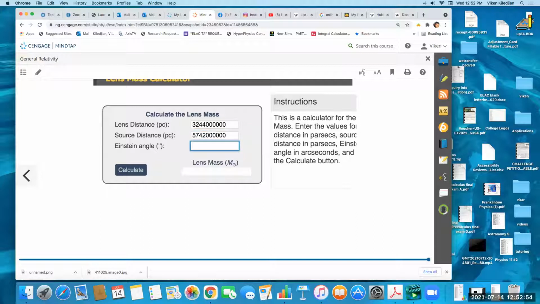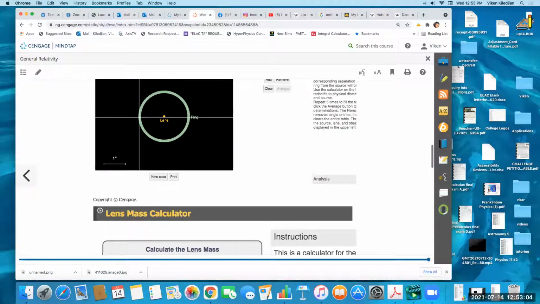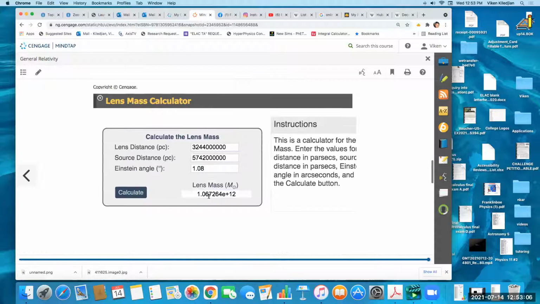Einstein angle, let's say 1.08 arc seconds. Okay, then he calculates the lens mass. That means the mass of that galaxy that's doing the lensing is going to be 1.06 times 10 to the 12th. That's a trillion. So that galaxy is a trillion times heavier than the mass of the sun.